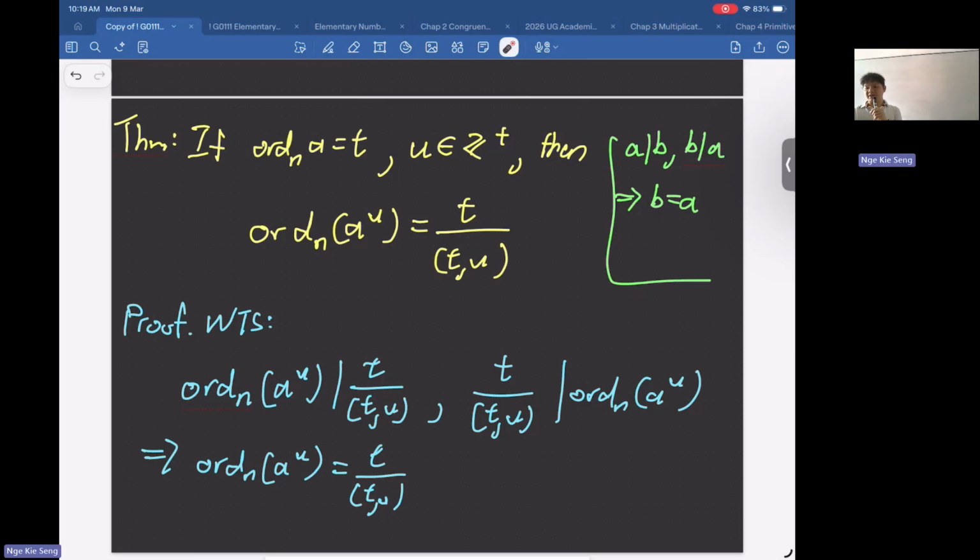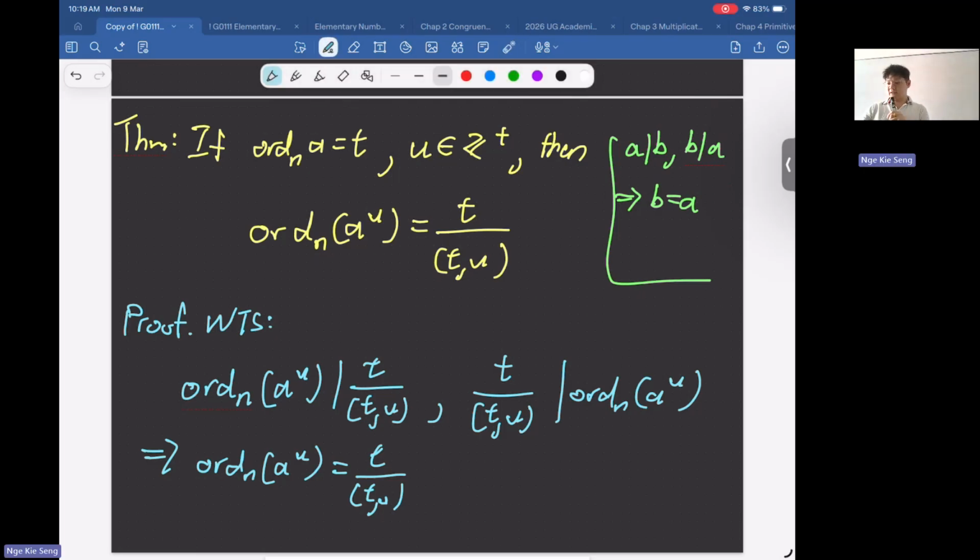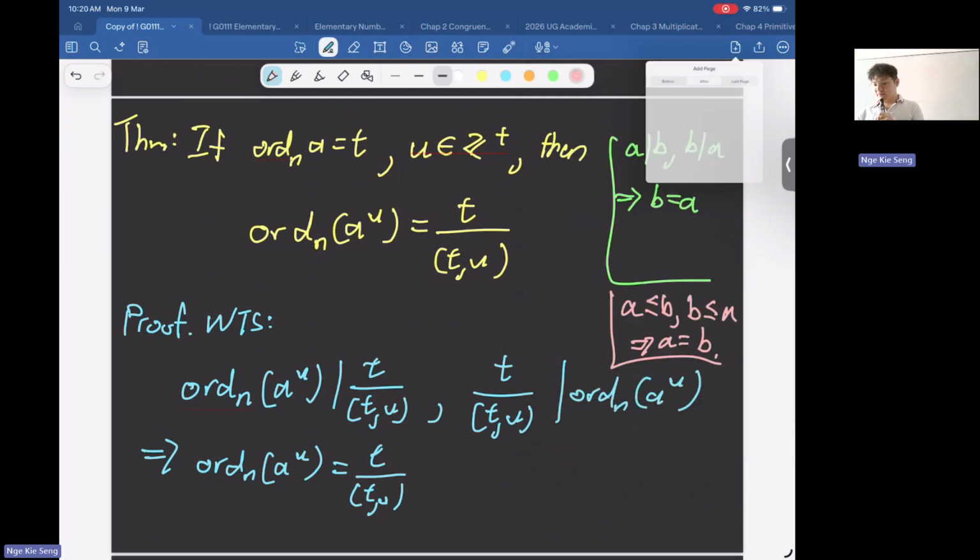The easier version of this you will see in mathematics is that if you show A is less than or equal to B, and B is less than or equal to A, then this implies that A equals B. So divisibility here has more structure than ordering. But we will use divisibility for this case because for us it's more convenient.